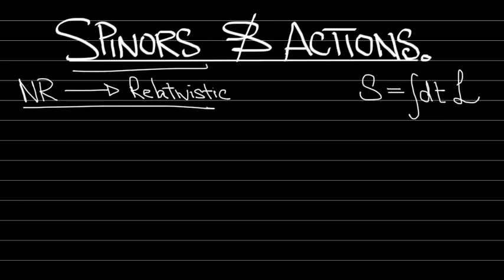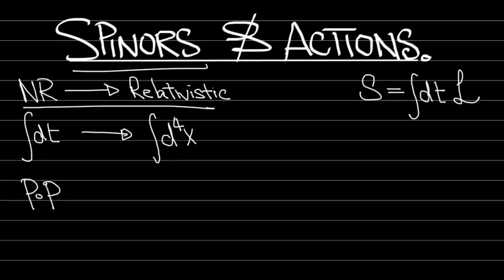So coming back to this, where I said that the action could be generalized in several ways. All we have to do is change this time integral into a space-time integral. So it's d^4x, right? And going from something that is a point particle to fields.